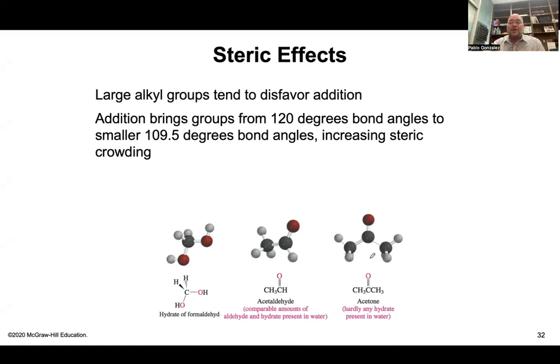But as I said before, it's not that they are not going to attack. Some of them are going to have the ability to skip those methyl groups and attack, but it's going to be less as compared, for example, with formaldehyde. With formaldehyde, you can have a lot of them, most of them basically hydrated, as compared with acetone.